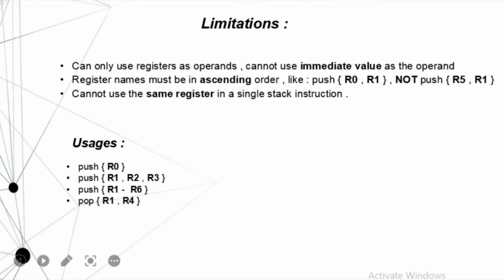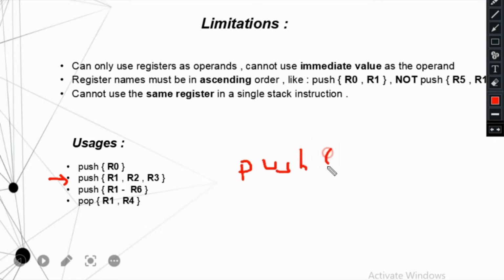Another limitation is that we cannot use the exact same register twice in a single stack instruction. Suppose you want to push the same value onto the stack 2 or 3 times. What you might do mistakenly is push R0, then R0, then R0. Don't do that, it is invalid.